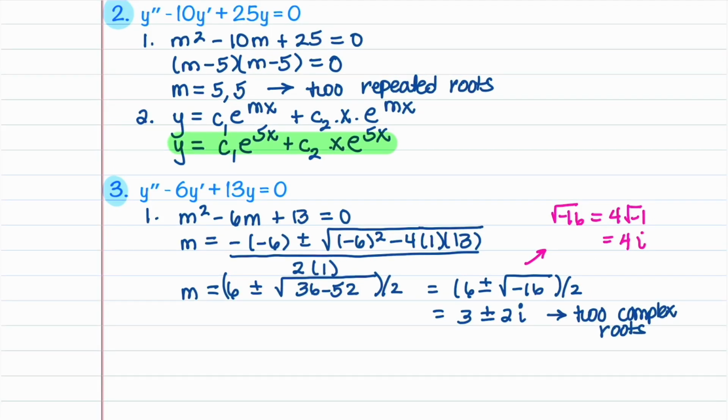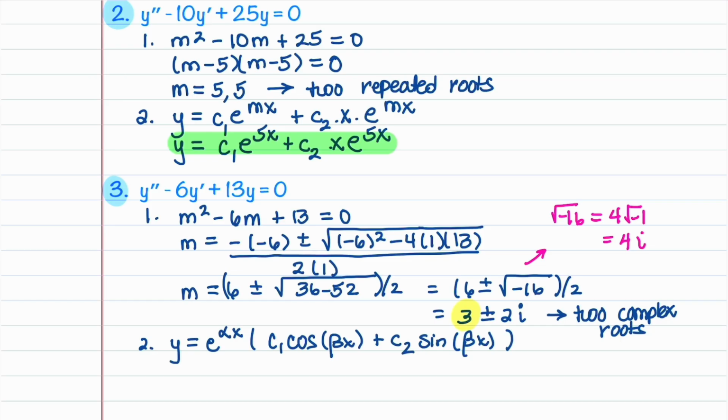Our solution in step 2 is going to look like this. Y is equal to e to the alpha x times c1 cosine of beta x plus c2 times sine of beta x. Now let's think about alpha and beta.